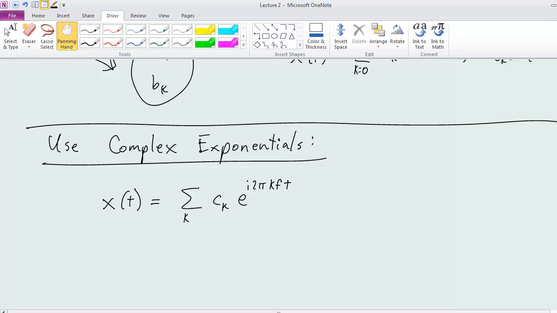Now, intuitively, this may be harder to understand. Why would we want to do that? Sines and cosines we understand. Why use complex exponentials? The math is going to be much easier, with less bookkeeping, easier to actually carry out computations and understand the properties. So let's take the effort to become familiar with this guy here.